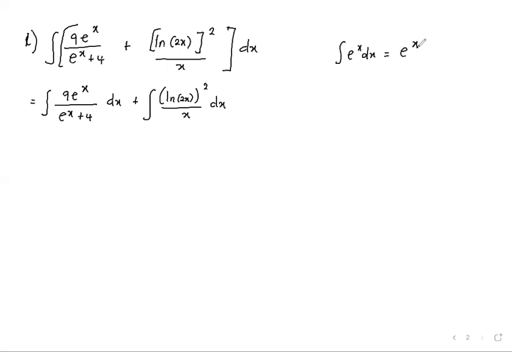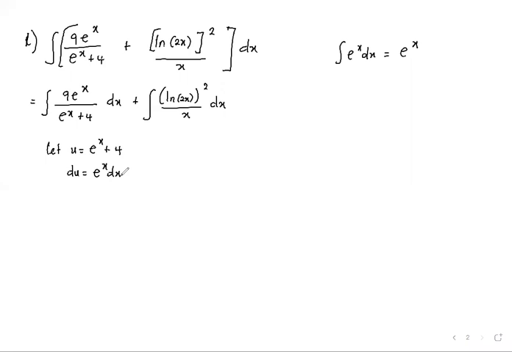So if we come here, we'll let u be equal to e to the power x plus 4, and then differentiate u. When we differentiate u, we get e^x multiplied by dx.